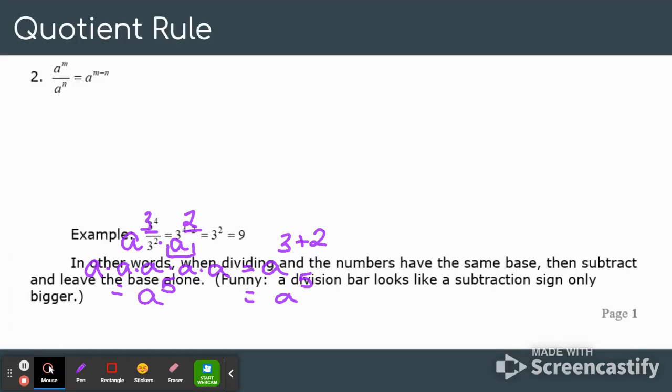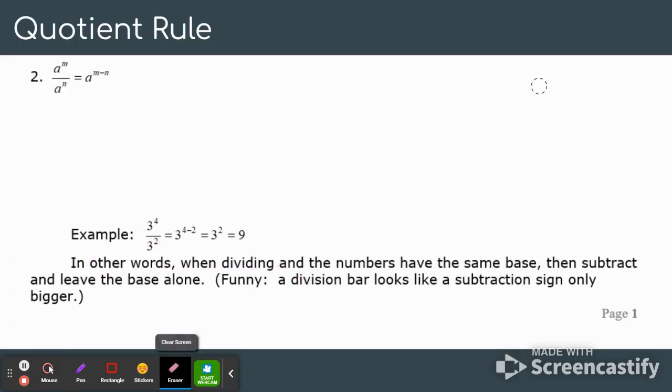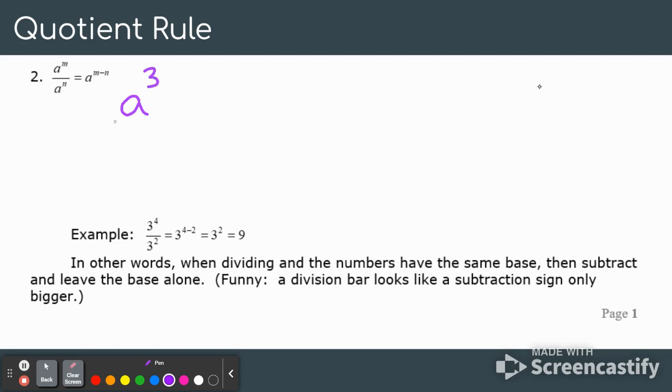Okay, again, going right into it. Here's our quotient rule. We have a to the m over a to the n is equal to a to the m minus n. Again, I'm going to show you how this works. So a to the third over a squared. Say I expanded these exponents, so that would actually be a times a times a over a times a.